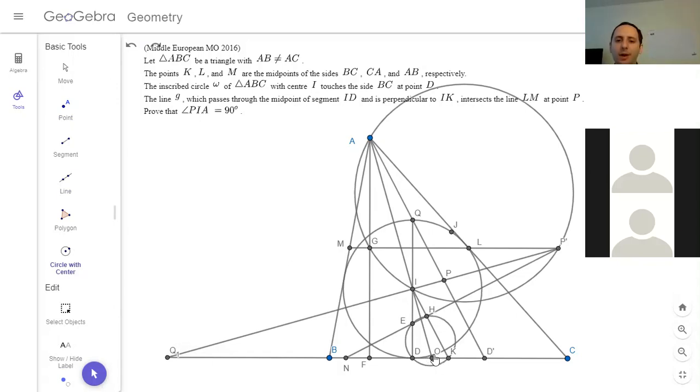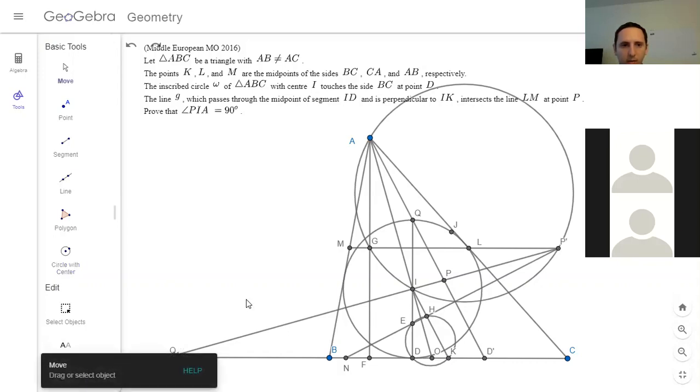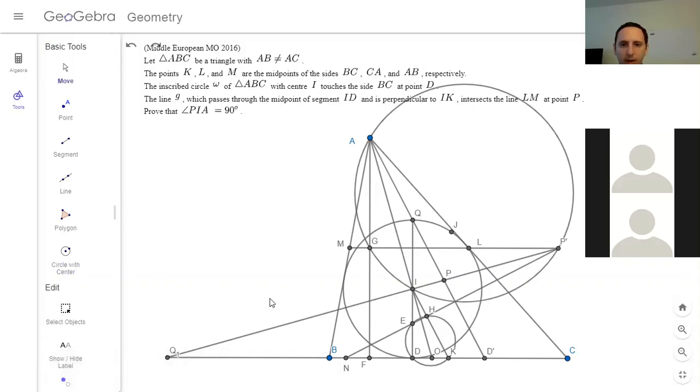Oh no, IO is not an angle bisector of BIK. I was wrong about that. So yeah, that is my bad. Maybe letting AD, yeah. Or at least I don't think. Let me just do a quick check, but I think it's very unlikely.